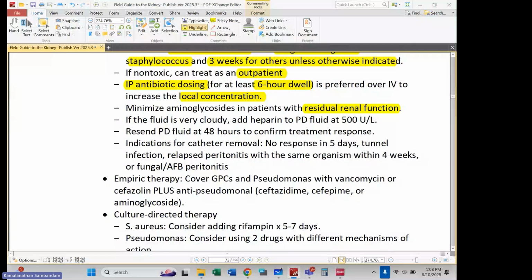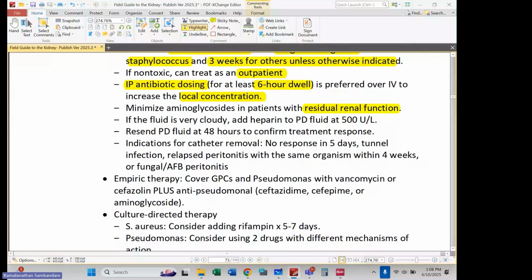And in rare cases, we've had people with osteomyelitis who are on peritoneal dialysis and have problems getting a PICC or some social problem with getting IV antibiotics, where we've decided to give them IP antibiotics to treat their osteo.